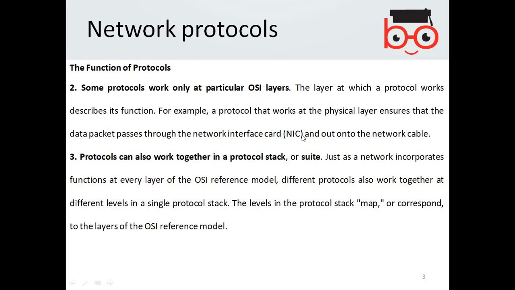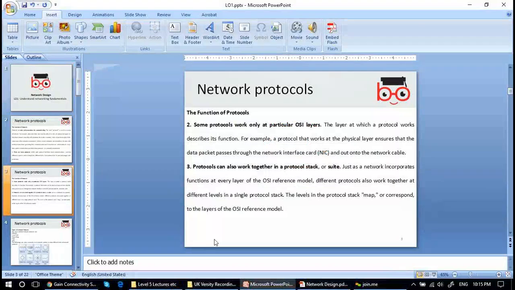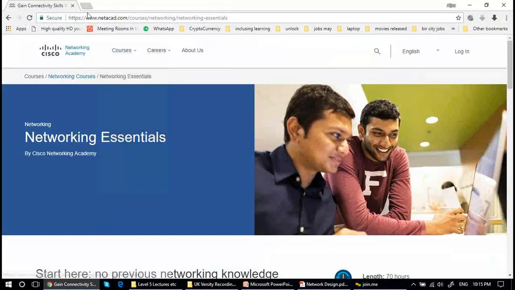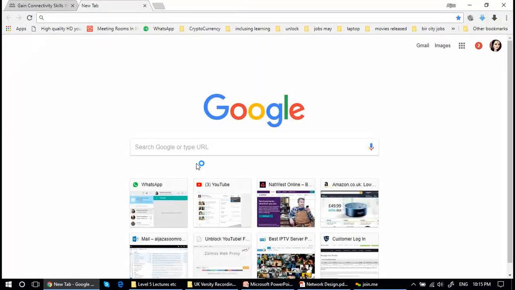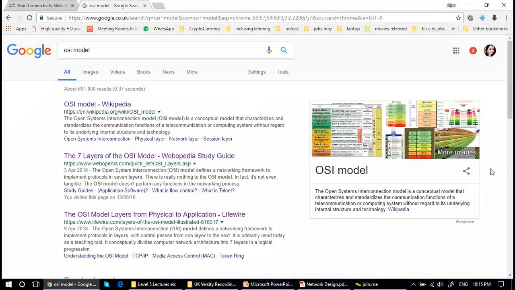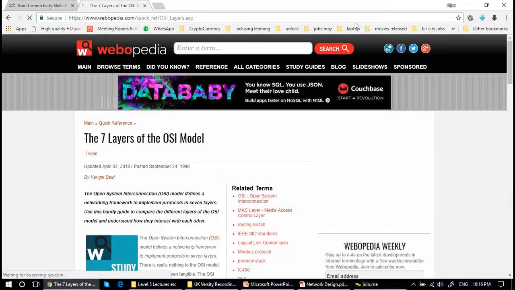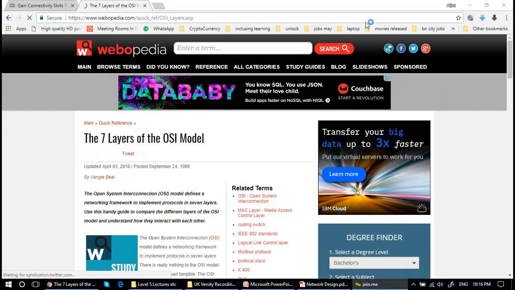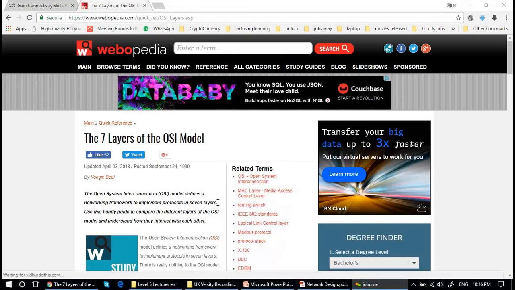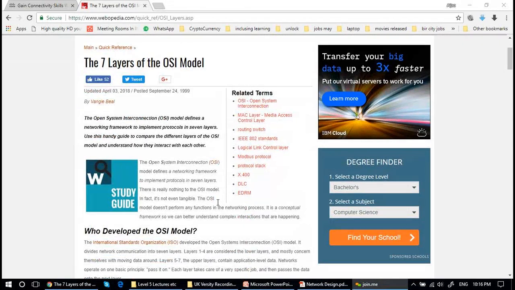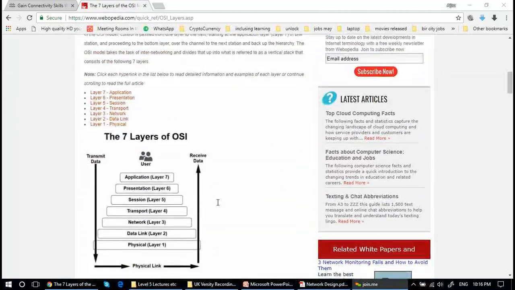Yes. So basically, the OSI model is a kind of abstract model. It stands for open systems interconnection model, and it has layers.